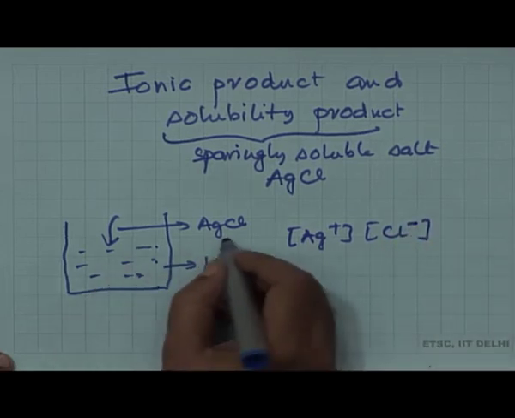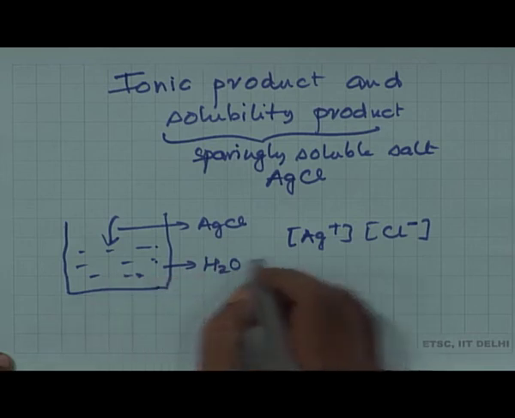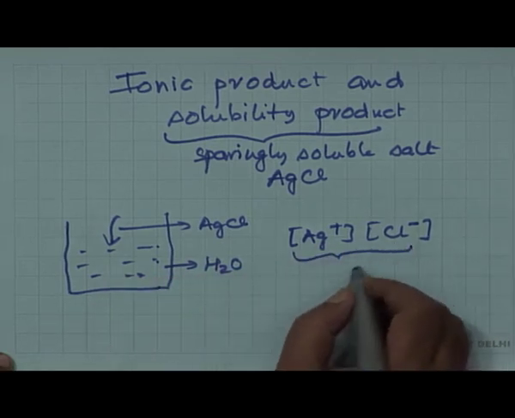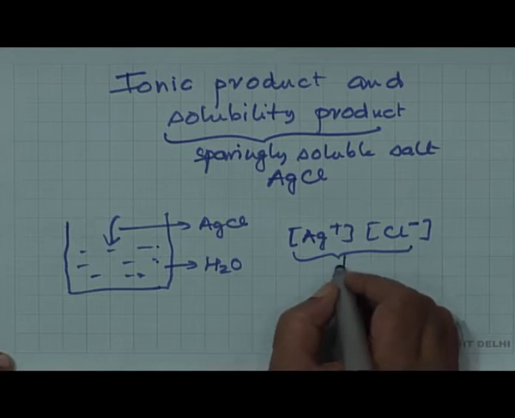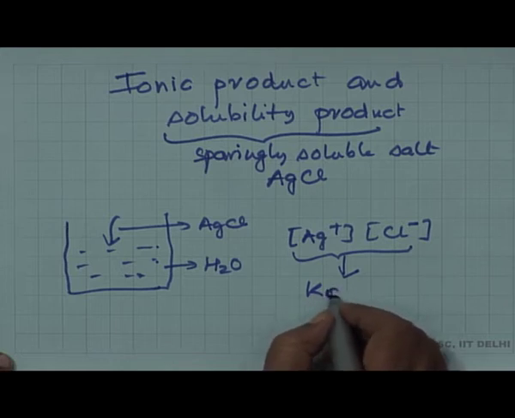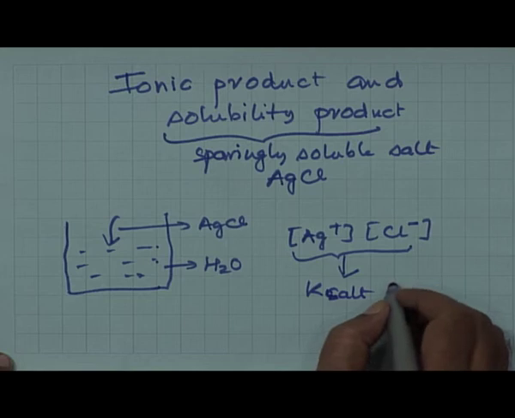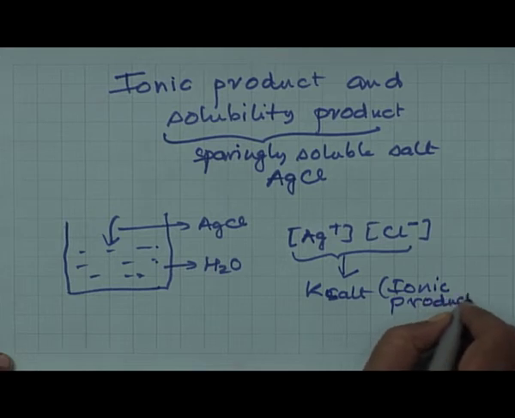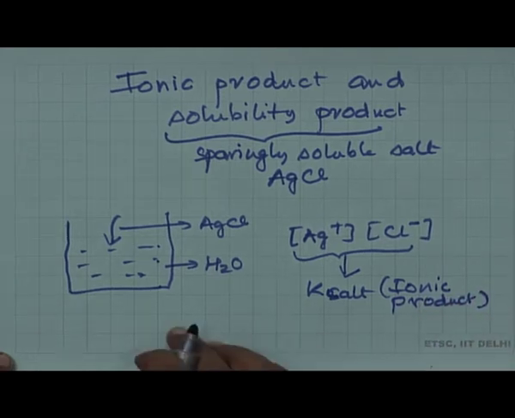Till all AgCl is going to solution, the multiplication of Ag plus and Cl minus ion concentration will give you ionic product.